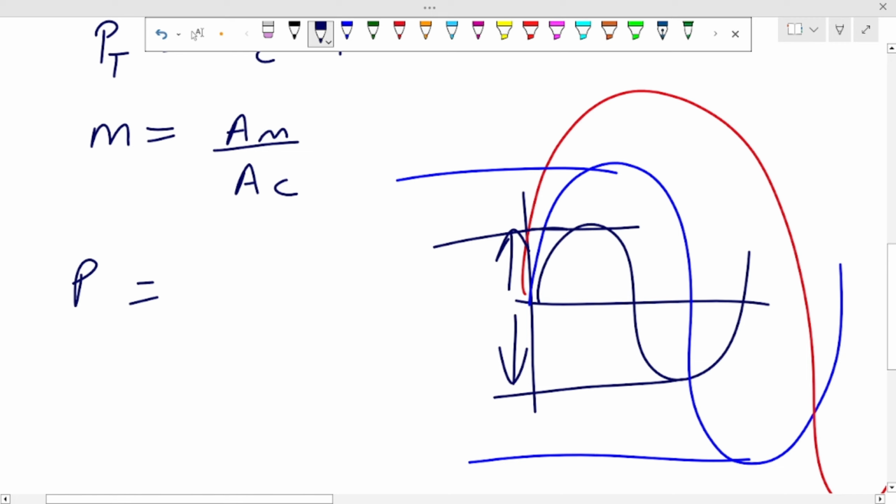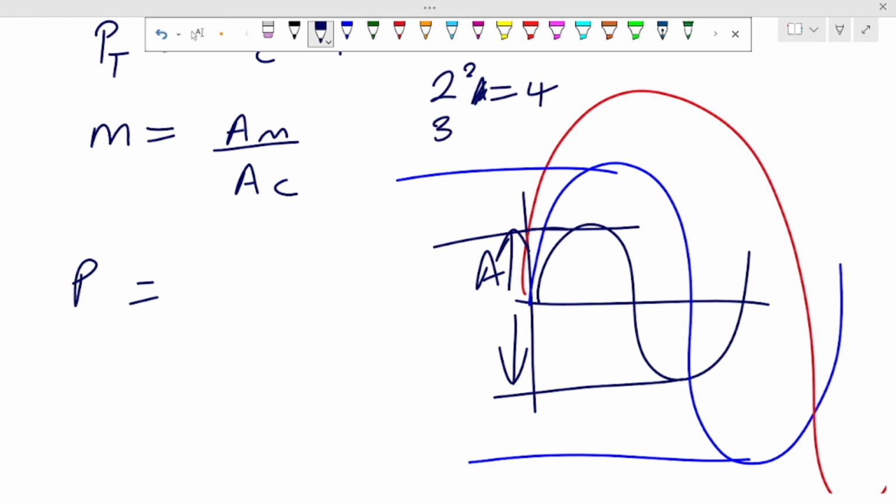So when you double the amplitude, you will need 2 times the amplitude, so that will give you 4. You need 4 times the normal power you need. If you triple the amplitude, because you are going two ways, you will need 9 times the power as for just 1 amplitude.